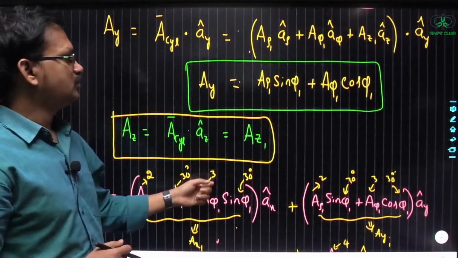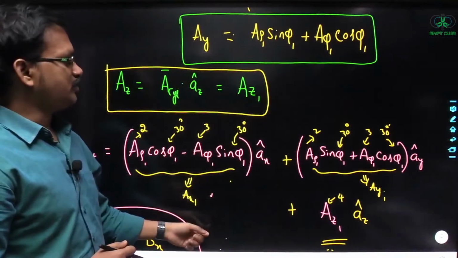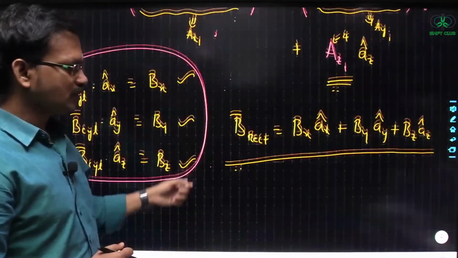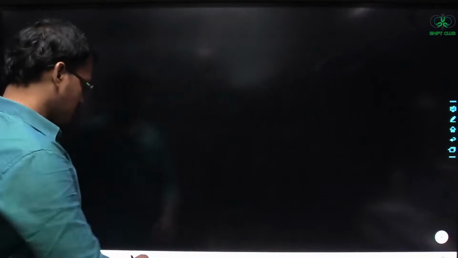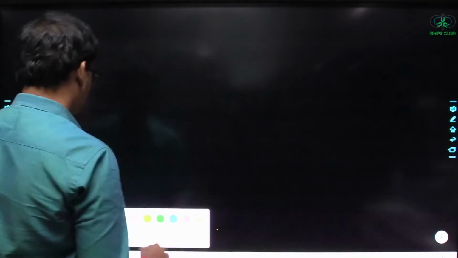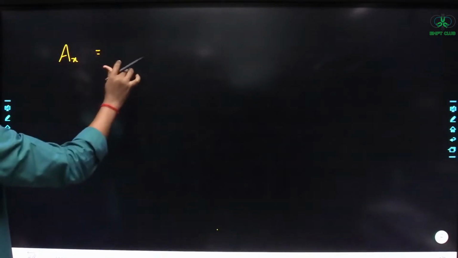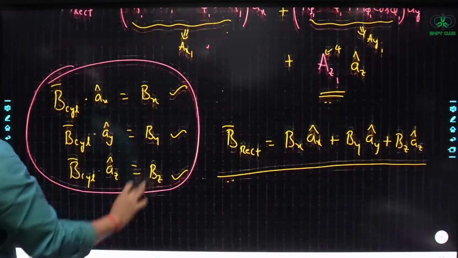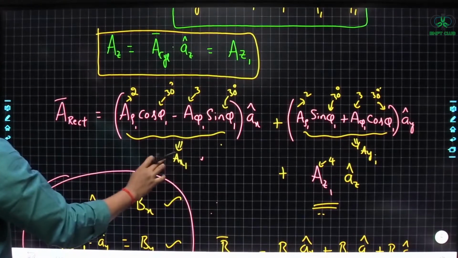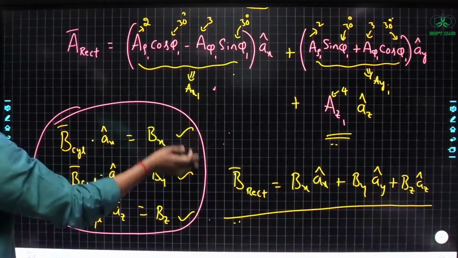Now see here. If you observe, we got Ax is equal to A rho cos phi minus A phi sin phi. I am writing in general here. Ax is equal to A rho cos phi minus A phi sin phi.